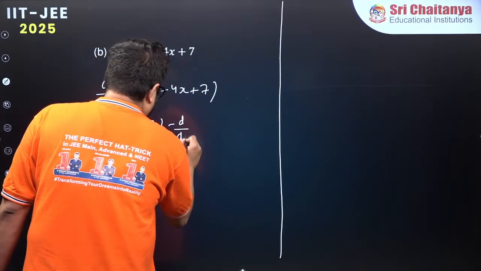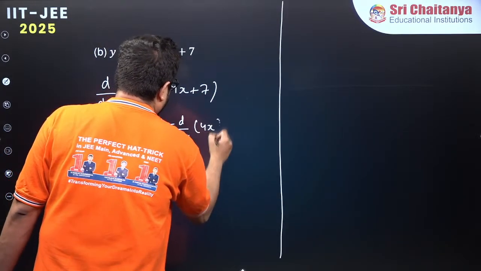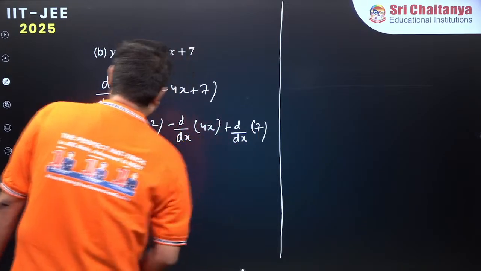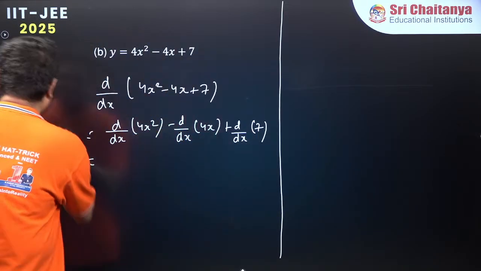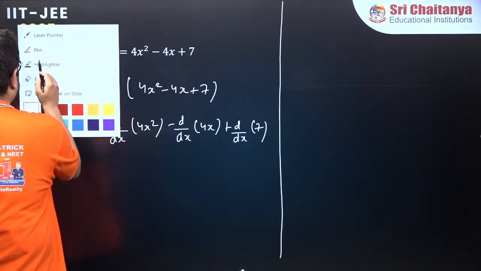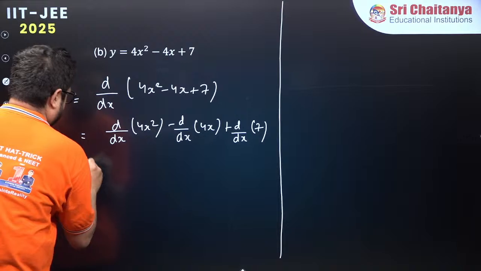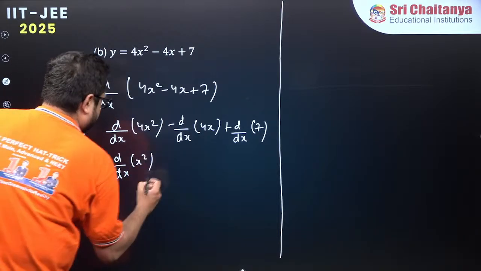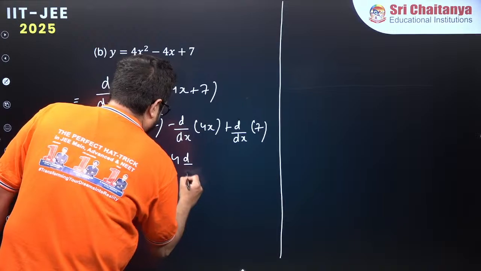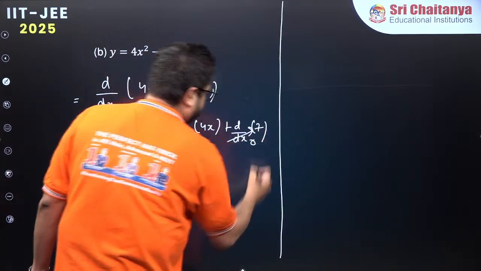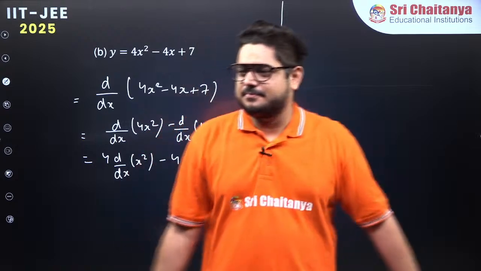So this is going to be minus of d by dx of 4x plus d by dx of 7. So over here 4 is constant, isn't it? 4 is going to be acting as a constant. So this is going to be d by dx of x square minus of 4 d by dx of x, and d by dx of 7 is 0.